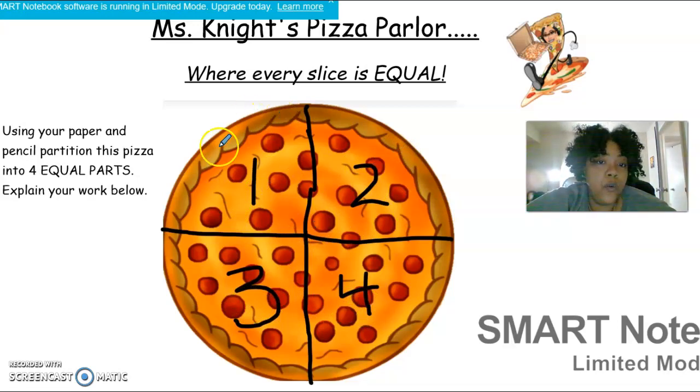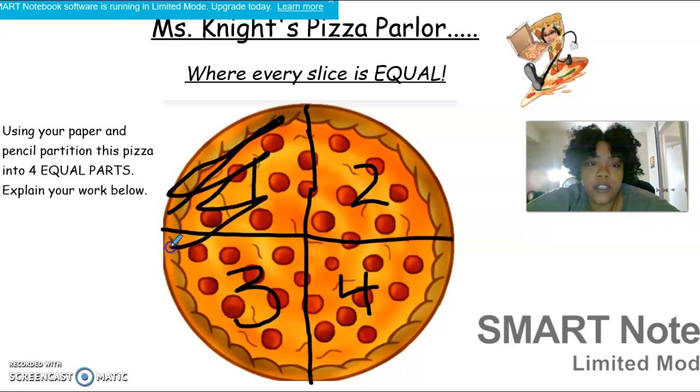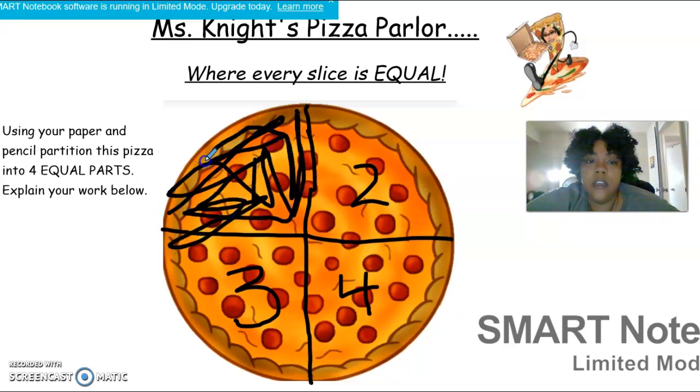Now, I just want to also make sure that you understand the fraction for each of these parts. So if one customer eats this slice of pizza, slice 1, what fraction of the pizza did they just eat? In fact, let's just shade it in real quick to pretend like it's gone, like someone ate it. So I may say what fraction of the pizza is shaded in or what fraction of the pizza is already gone.